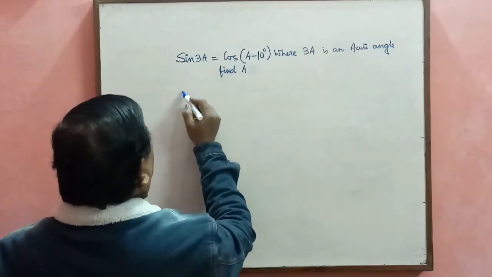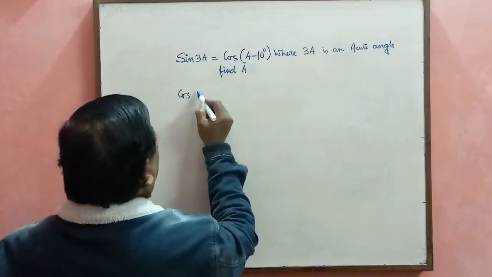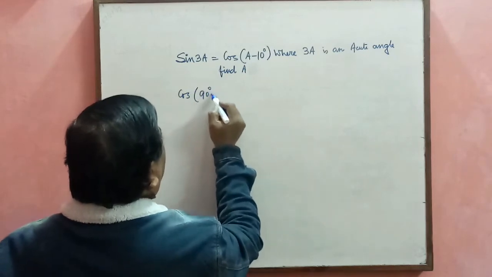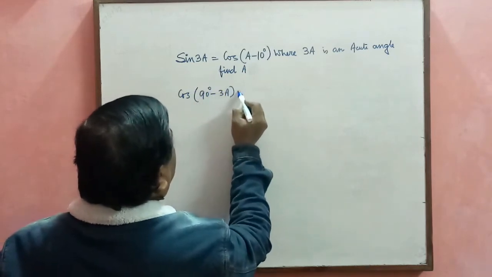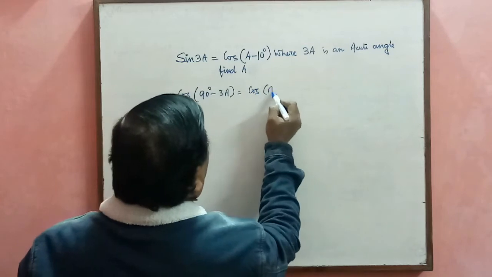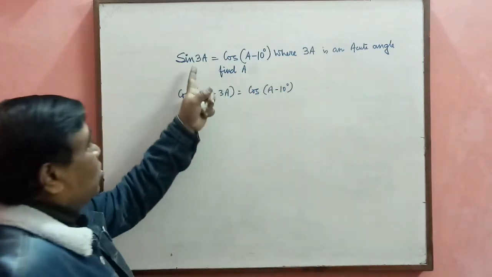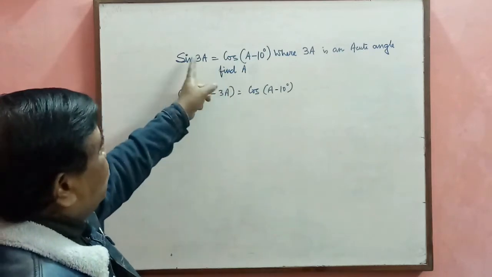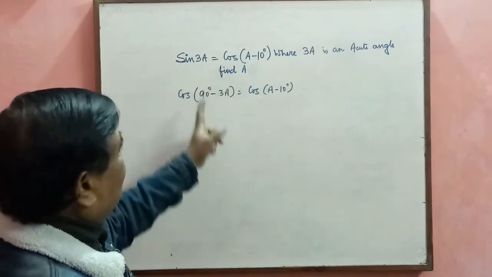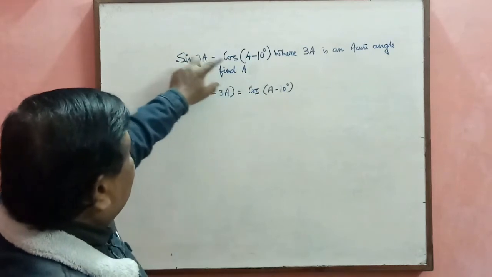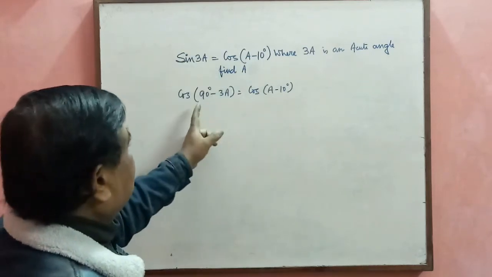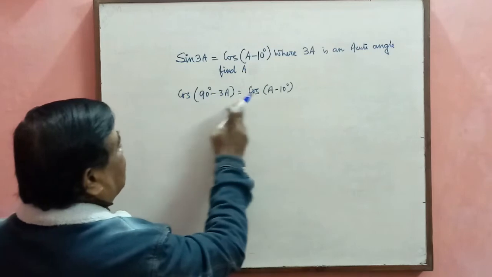Here we write cos of 90 degree minus 3a is equal to cos of a minus 10. Here you don't change these two at a time. Only one of these two will be changed, so that this is cos, this is also cos.